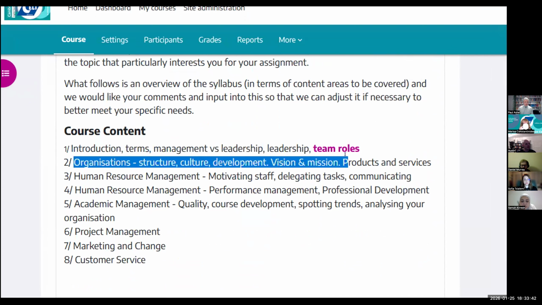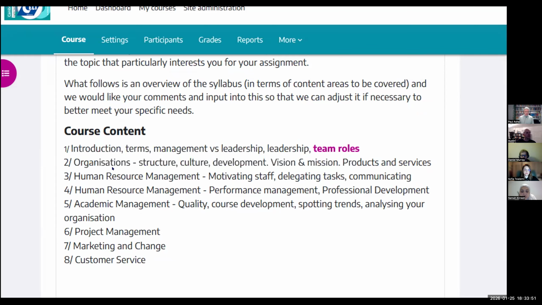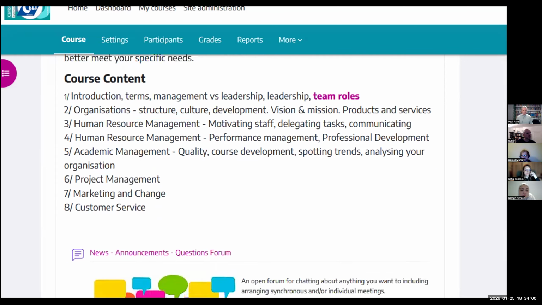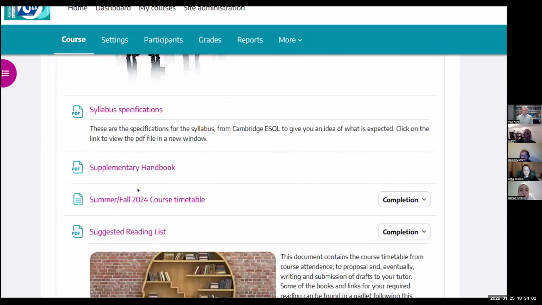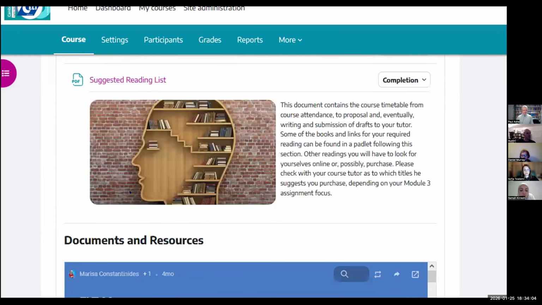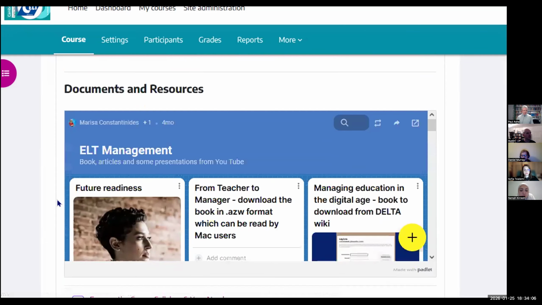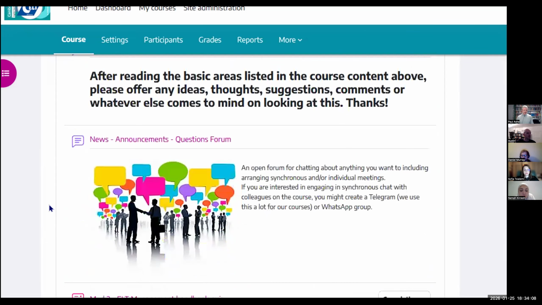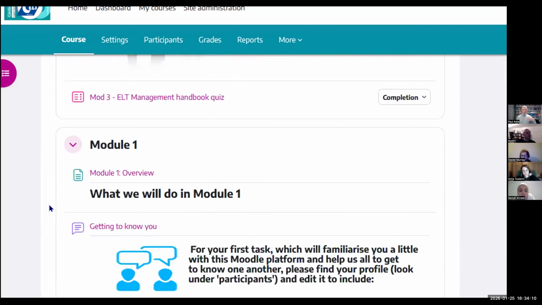Definitely how organizations work and that impact on organizational culture as well. Exploring human resource management, academic management. As I said before, project management is important. There's marketing and customer service. And if we have a look very quickly, we'll have a look at the materials available to get some background reading and concepts of management and leadership.